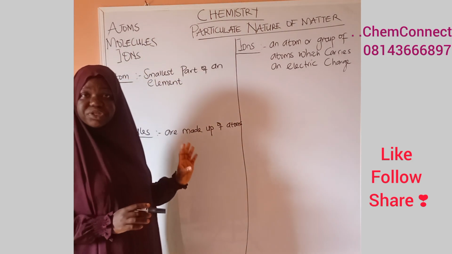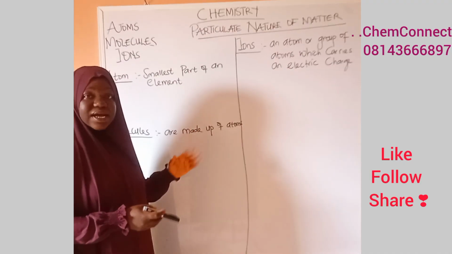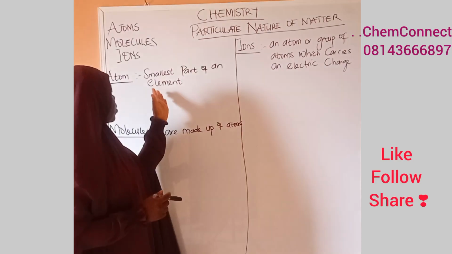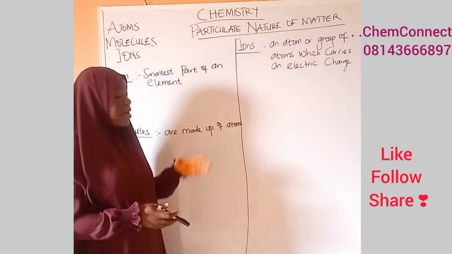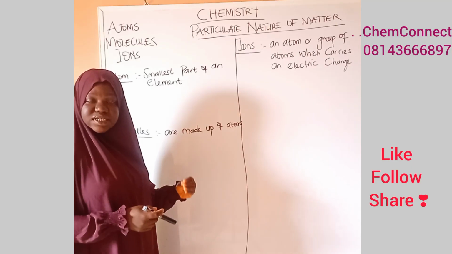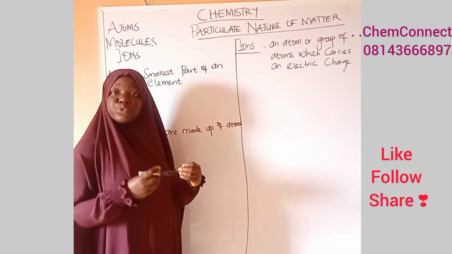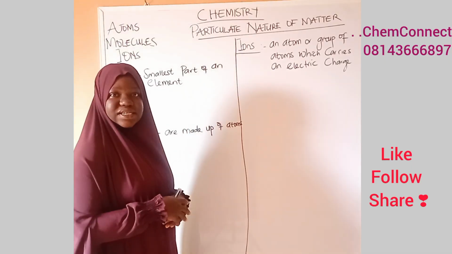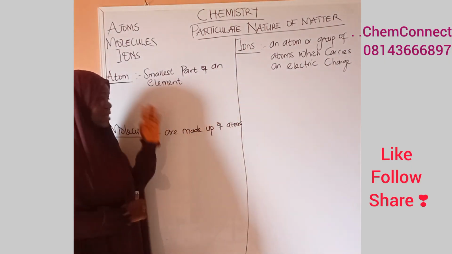These are the discrete particles matter is made up of. Now we'll be looking at what atoms, molecules, and ions are. This is the basics to learn how to write chemical compounds. Let's get started. What is an atom?